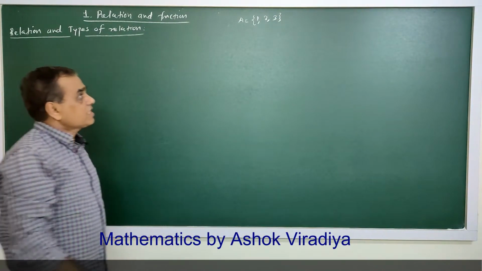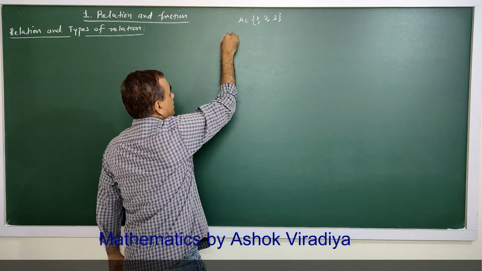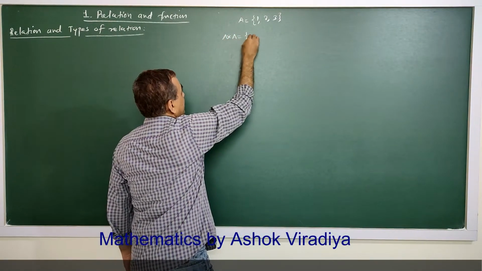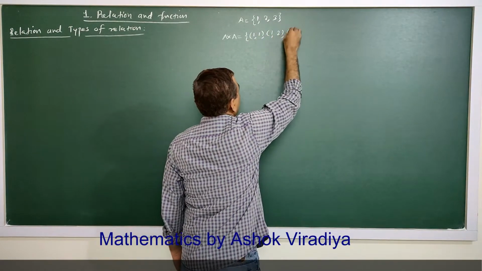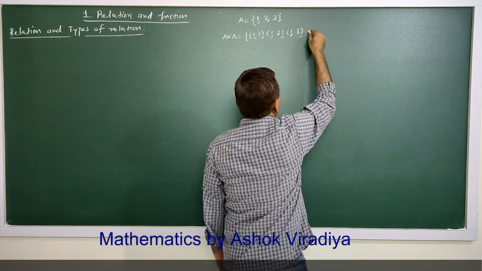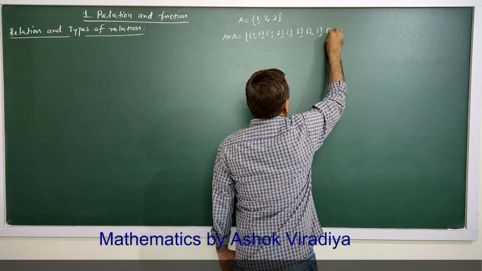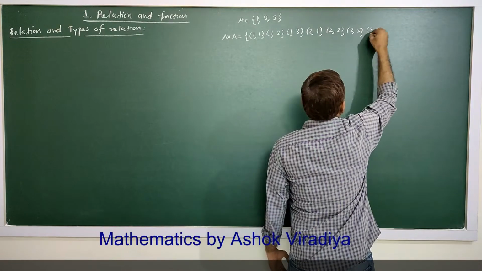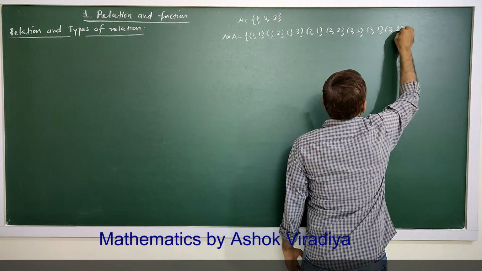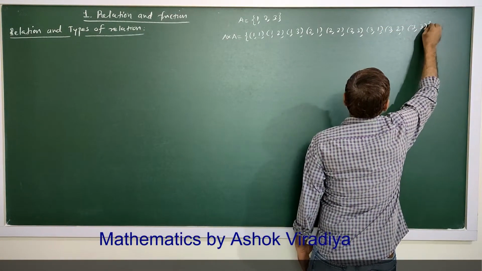Then A cross A contains (1,1), (1,2), (1,3), (2,1), (2,2), (2,3), (3,1), (3,2), (3,3).